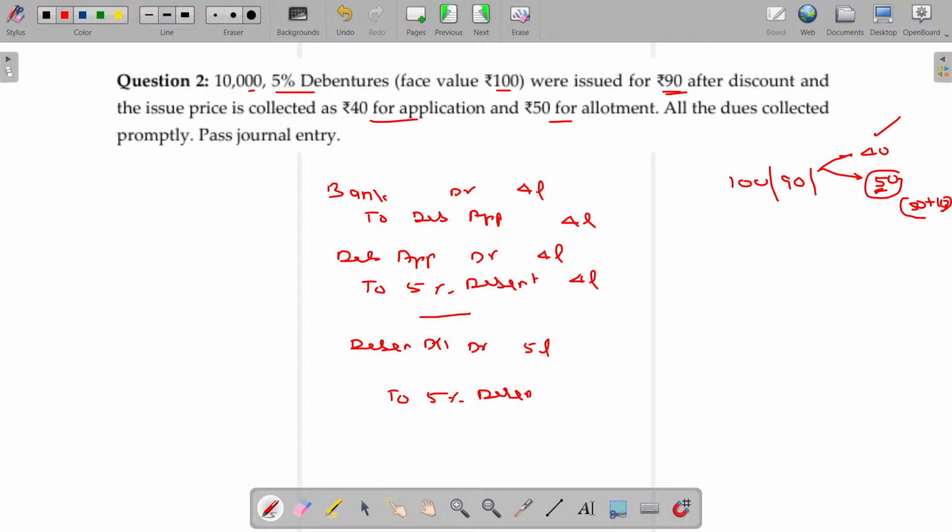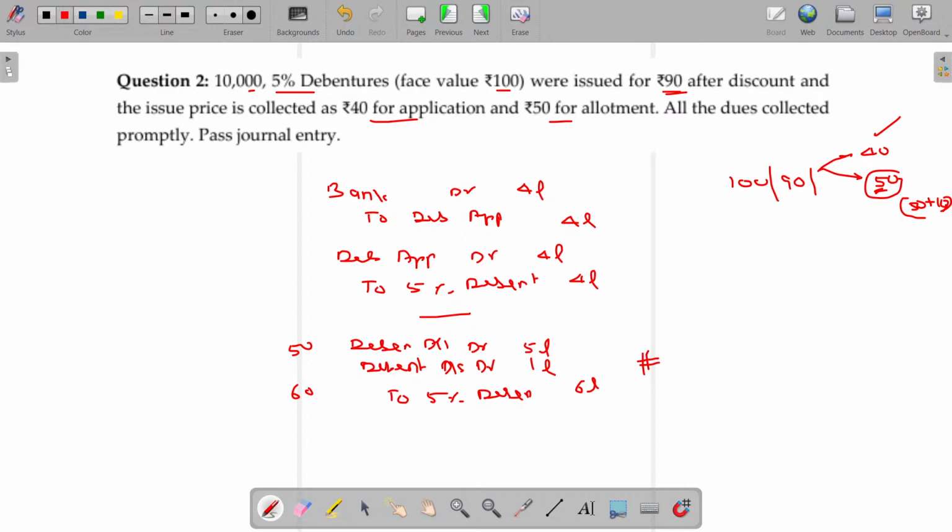But the amount credited to debenture account being 60 rupees per debenture, 60 into 10,000, 6 lakhs. You collect 1 lakh lesser here. If you are collecting 1 lakh higher it is securities premium, here you are collecting 1 lakh lesser, then that will be discount. So discount on issue of debenture being 1 lakh. Hope you will now be able to understand how we handle this.